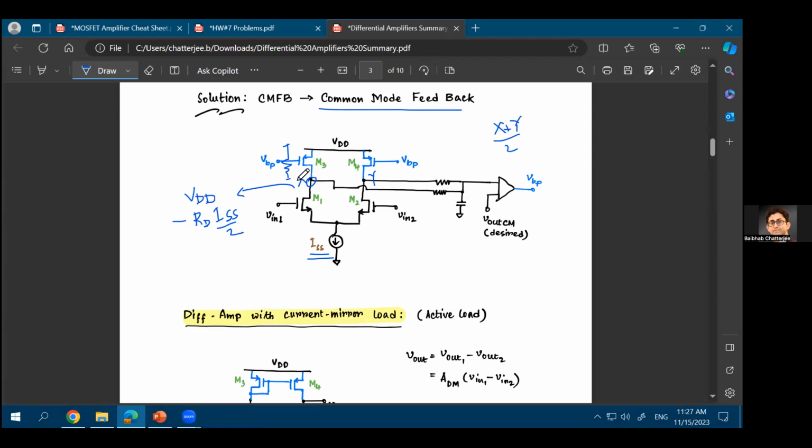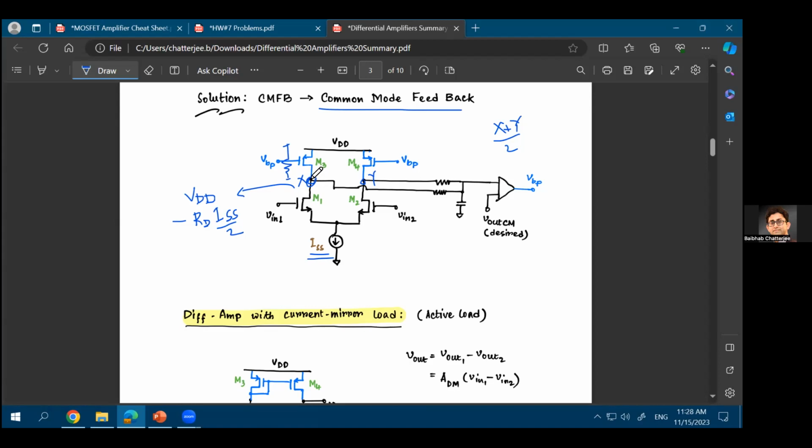But while you are tying them up, keep in mind that at point X and Y, it's not only the DC, you always have some kind of AC signal as well. When we do the DC analysis, we ignore the AC signal, but if you put any kind of circuit component, the DC and AC will always be there at the same time. So if you just short point X and point Y, remember what was the purpose of this differential amplifier?